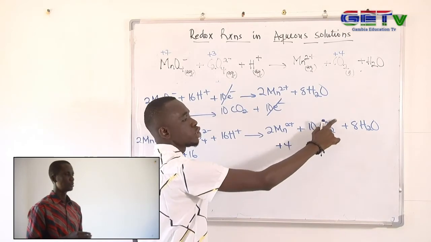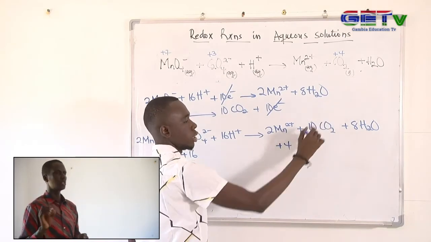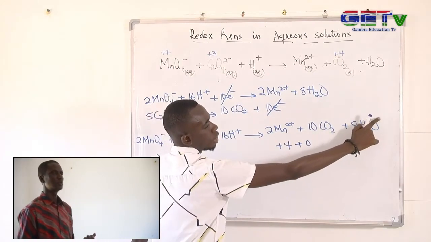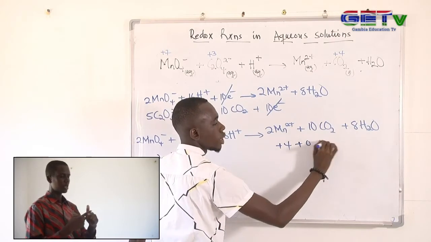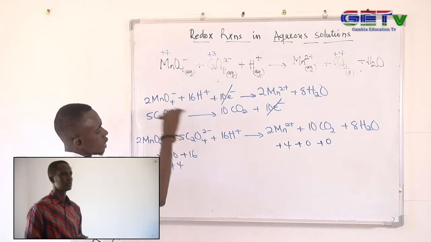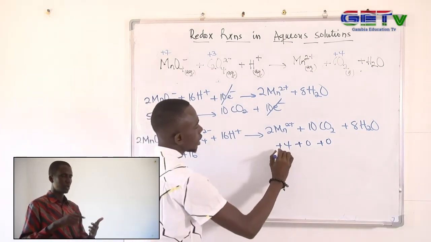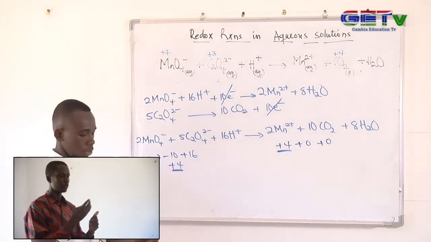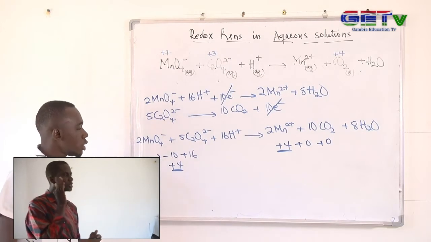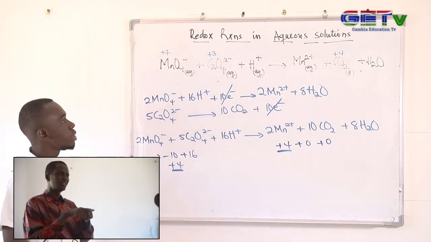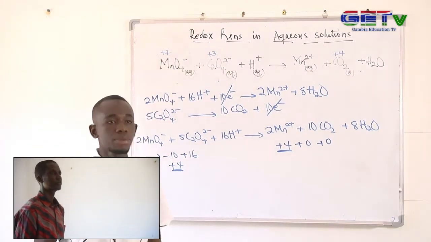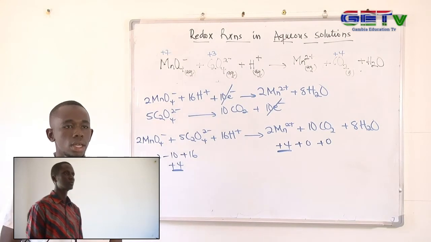This is 10 times 0, because this CO2 is neutral, then therefore we'll have 0. This side also will have 8 times 0, which is still going to be what? 0. At the end, the reactant side here, we will have plus 4, and the products here also we have plus 4. Now with this, we have a balanced mass, and the charges also are what? Balanced, which means this equation is balanced. And here we have the steps of balancing these reactions.